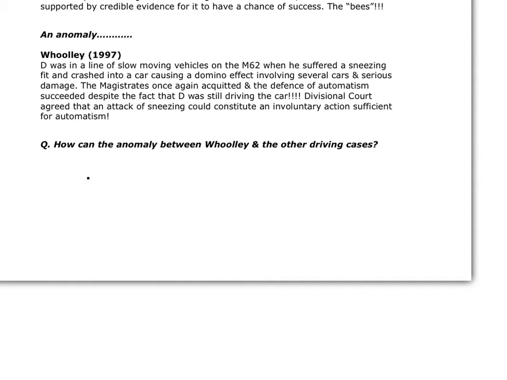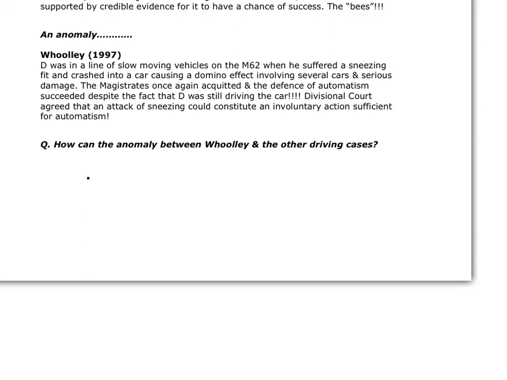Again, the inferior court, the magistrates, acquitted and automatism succeeded, despite the fact that D was still driving and he still had some control. We know from the previous cases above, no control, hence the defence failed. Suddenly in this case, of course it succeeded, but yet he still had some control.